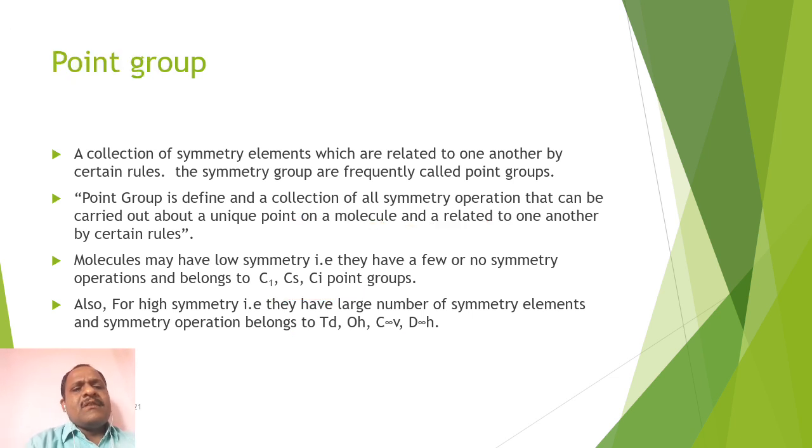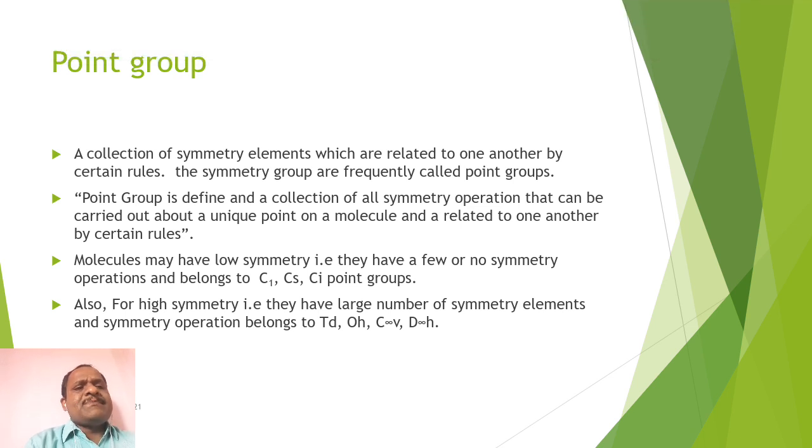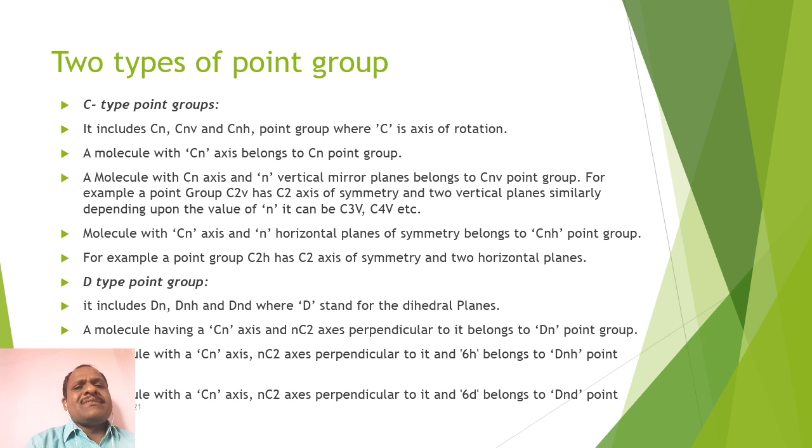Okay, now in this particular chapter we want to study two types of point group. What are those two types? The first one is the C type of point group and the second one is the D type of point group. What are the C type and D type?